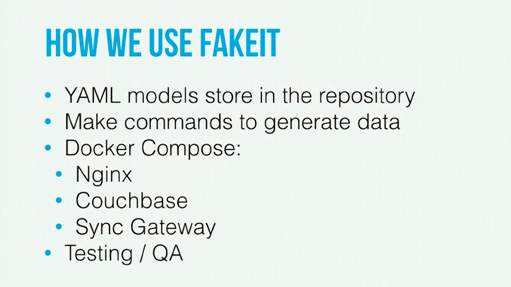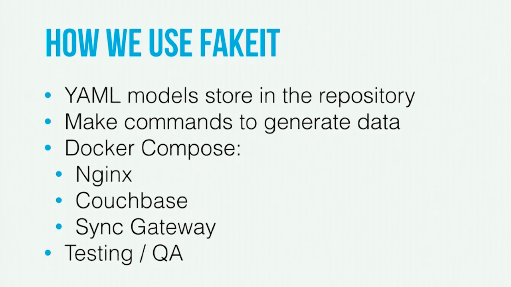So again, how we use Fecat: we use our YAML models, and we store them in our repository. We use Docker Compose to provide the developers a Couchbase server and a Sync Gateway server, and at the time they bring it up, we've standardized all of our install commands and build commands and all that around make. So they simply type make docker up, make data, and that goes in and generates all the data for them.